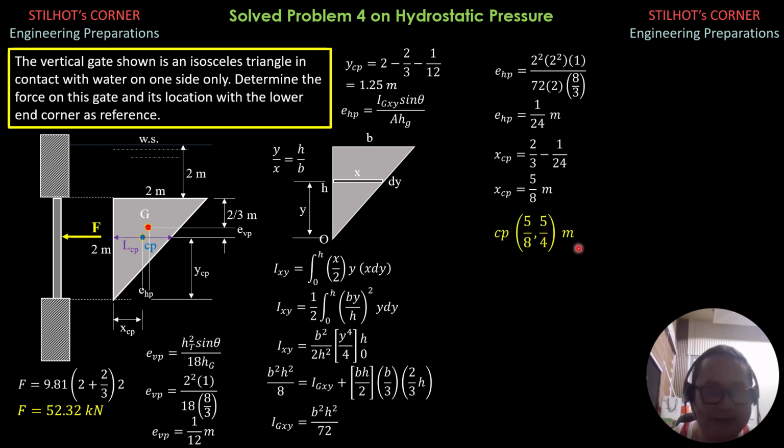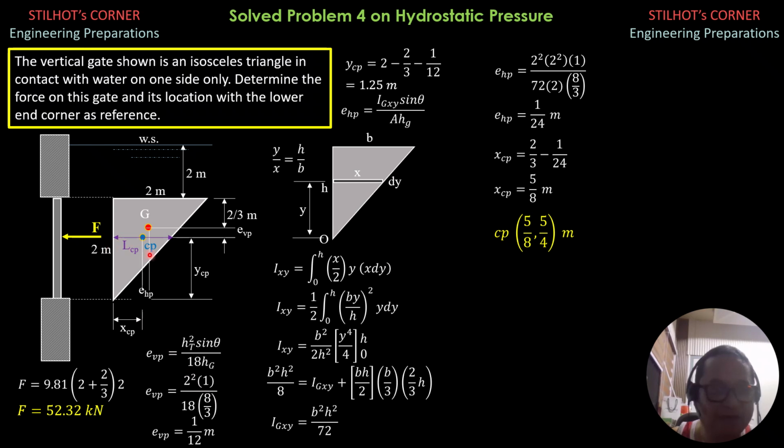So that's it. The other way, so that you won't be worried about the formula for e sub HP, especially Igxy for that orientation, which you may not be familiar with. My suggestion is, once CP is located after computing e sub VP, you just compute the length of the line through that center of pressure, because if the slip is horizontal, the pressure is uniform.